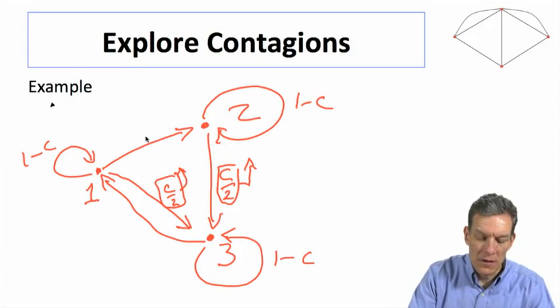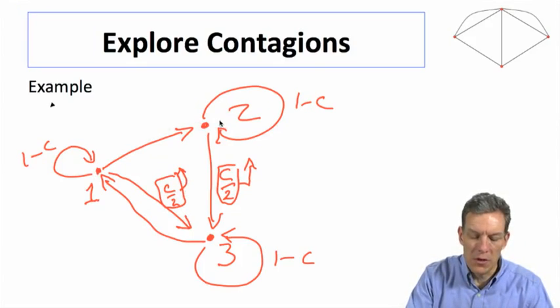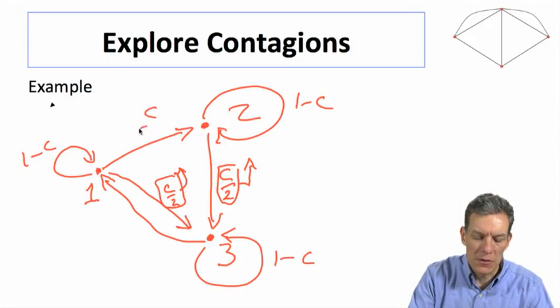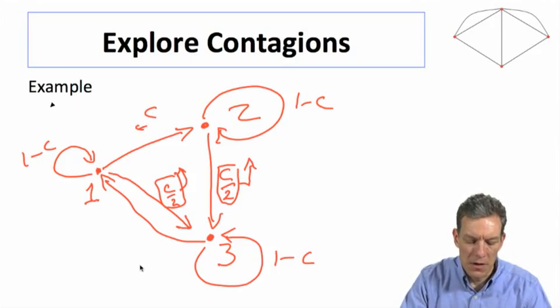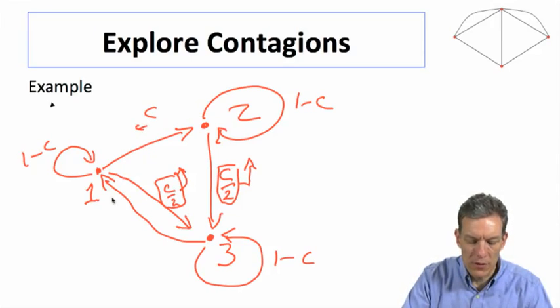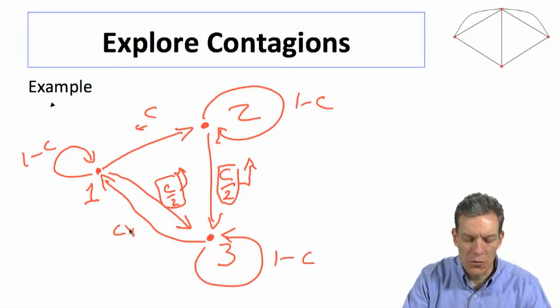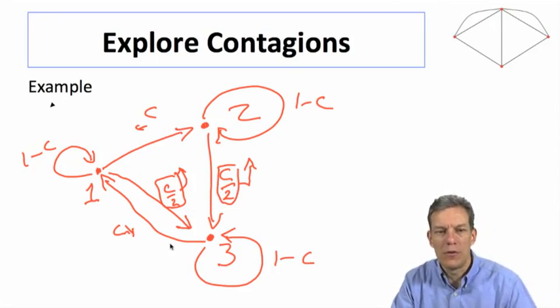Whereas in this case, 1 is the only cross-holder of 2, so there's an amount C which goes to 1, and in this case 3 is the only cross-holder of 1, so there's an amount C which is owned by 3 of 1's assets.